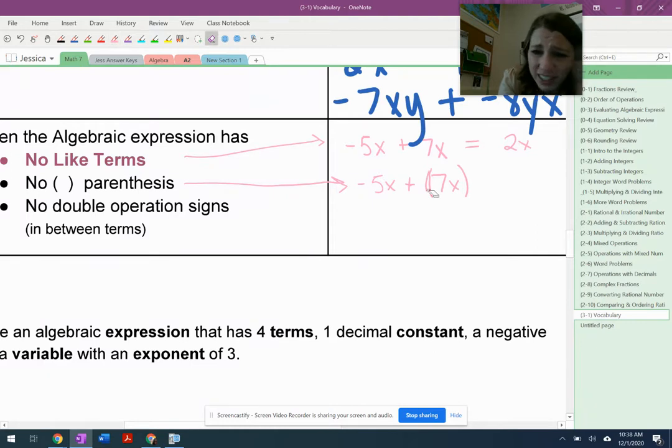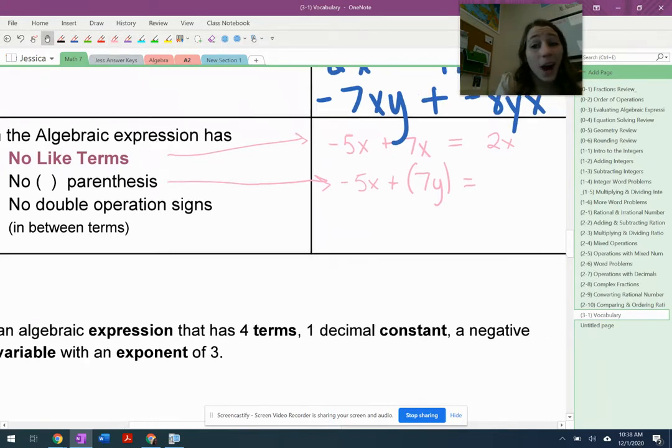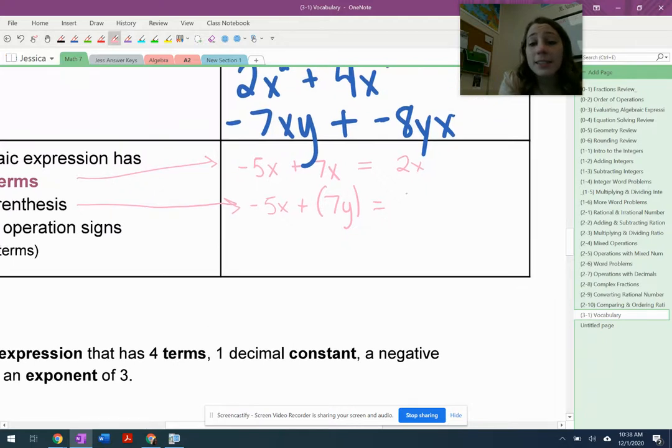Let's actually make it so it's 7y, so they're not like terms. All right, so no parentheses, so negative 5x plus 7y. So even though the 5x and the 7y aren't like terms, I still don't need those parentheses. They're unnecessary, and we need to get rid of them. So 5x plus 7y.